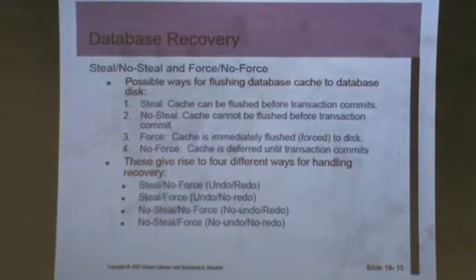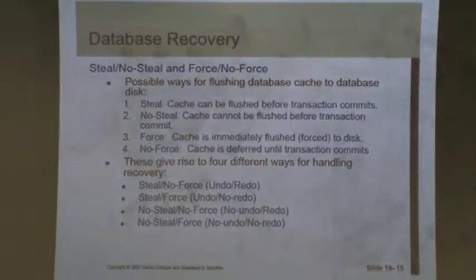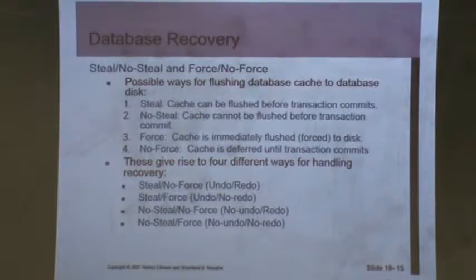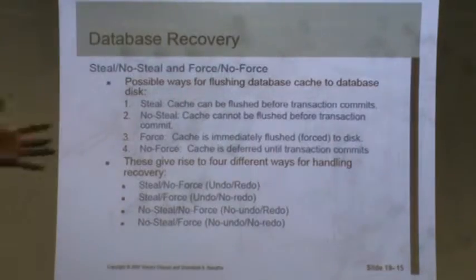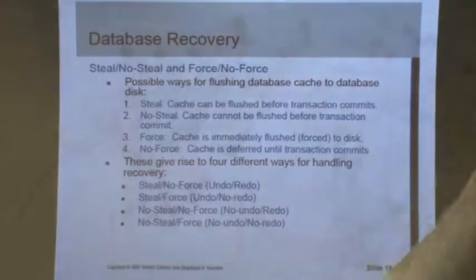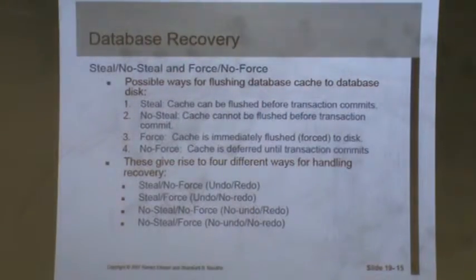It's not committed, but it's applied to the hard disk. That is a steal. If your system allows steal, that means the cached, changed data in memory can be flushed into the hard disk drive before commit. That's what I mentioned here. With a long running transaction, you cannot keep holding the data in memory, so you need to apply it, even before commit.